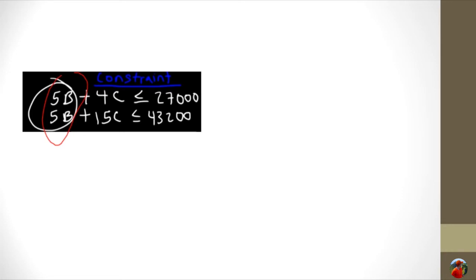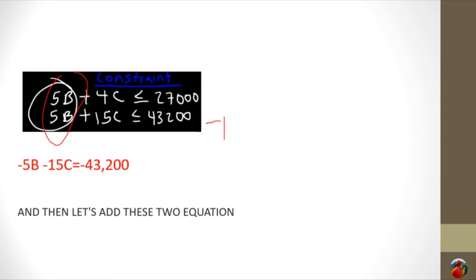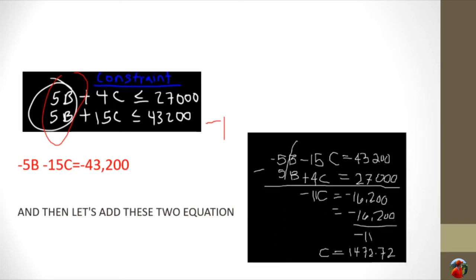The best thing to do is to add, so I'm going to multiply the second equation by negative 1. So negative 5b minus 15c equals negative 43,200. And then let's add these two equations. It will cancel negative 5b plus 5b, so 0.